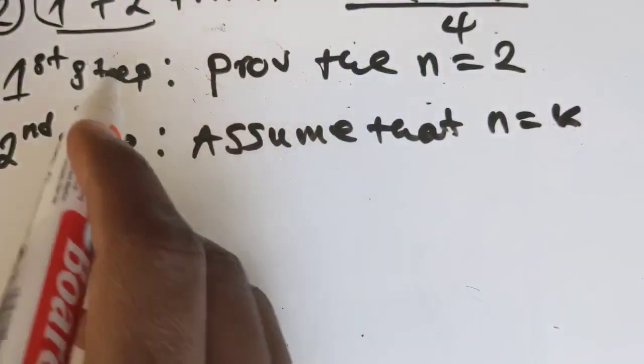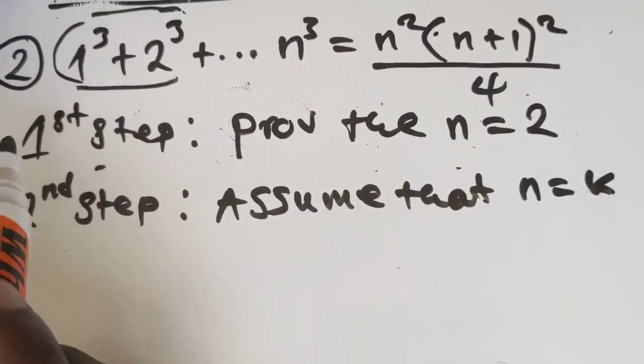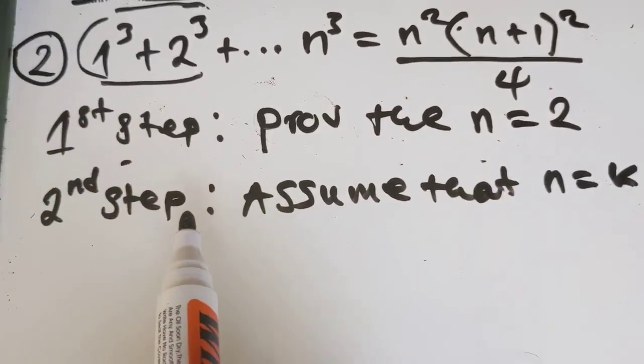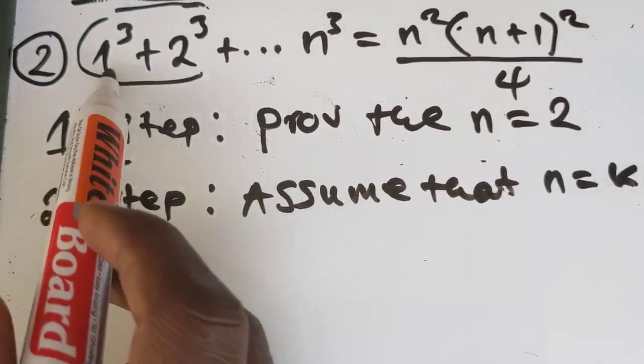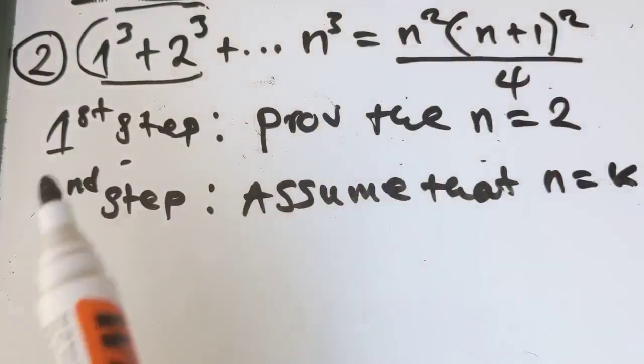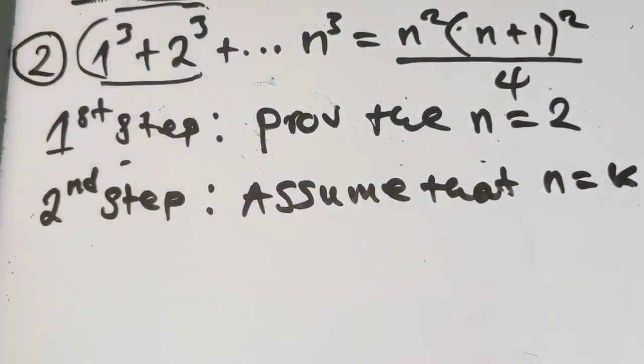So for n is equal to k, you copy just the same way that we did in the previous questions. You copy starting from here to here, but where there is n, you put k.